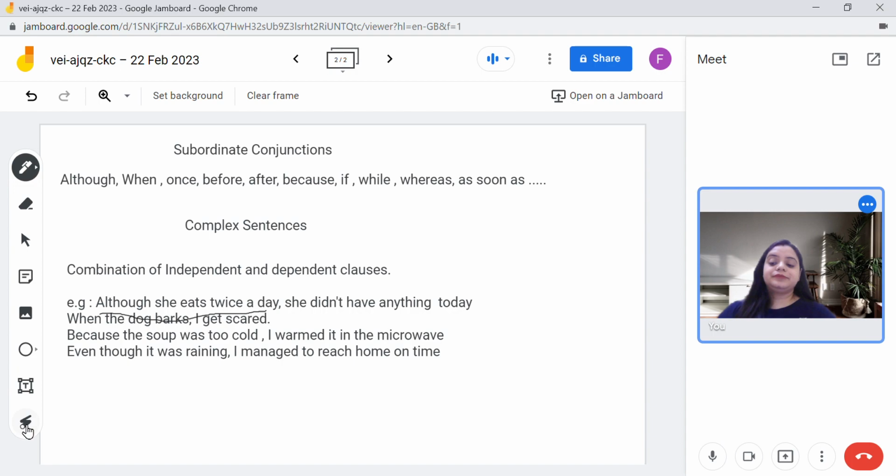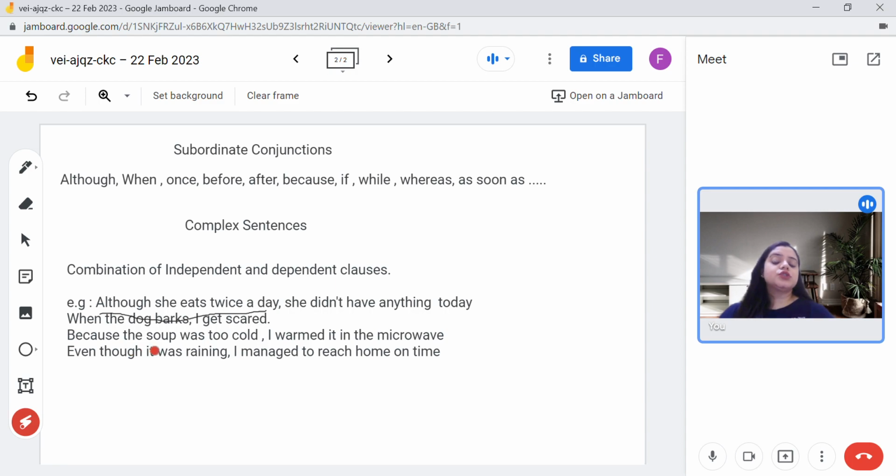Second one, when the dog barks, I get scared. When the dog barks, what happened? It is looking for an independent clause. I get scared is an independent clause, and when I attach it to the dependent clause, it makes a complete sentence with proper sense as well.